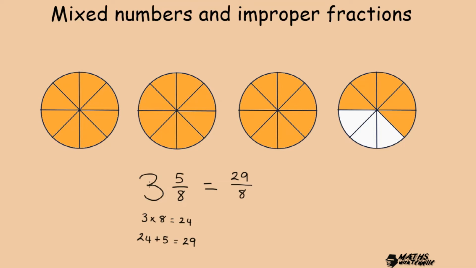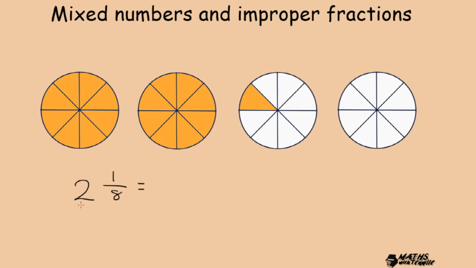So I'm going to do 3 times 8, which will give me 24. Then I have a remainder of 5 slices, and that's this number here. So I'm going to add the 5 on to my 24, and I'll get 29, which becomes my numerator, and my denominator remains the same, which is the number of parts or the number of slices that makes up a whole.